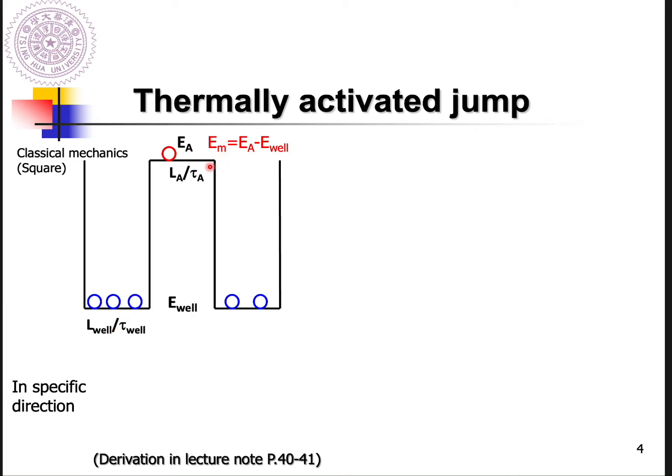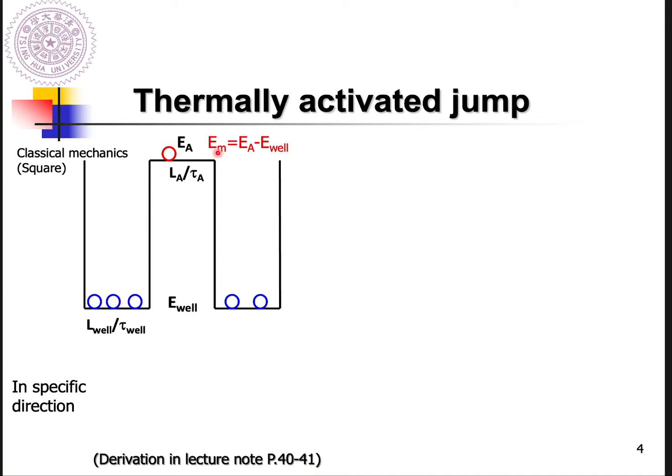We use the same concept: LA is the length of this well, and tau A is how much time these atoms stay there. So LA divided by tau A is the velocity of this atom at the excited state.